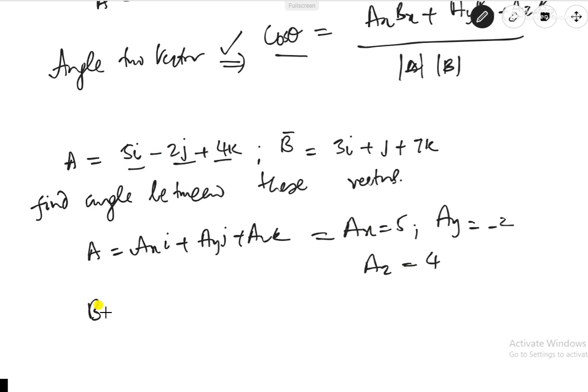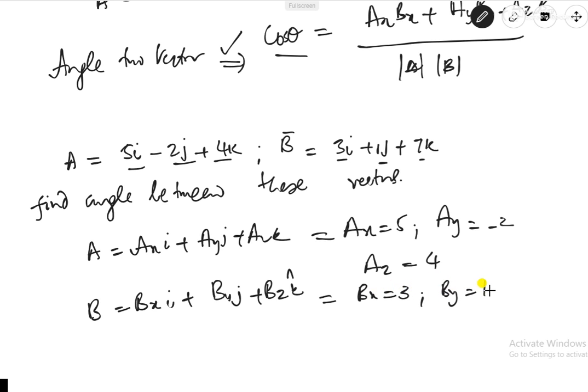Similarly for B, Bx i plus By j plus Bz k. Here there is no value, which means it is 1. So Bx is equal to 3, By is equal to 1, and Bz is equal to 7.